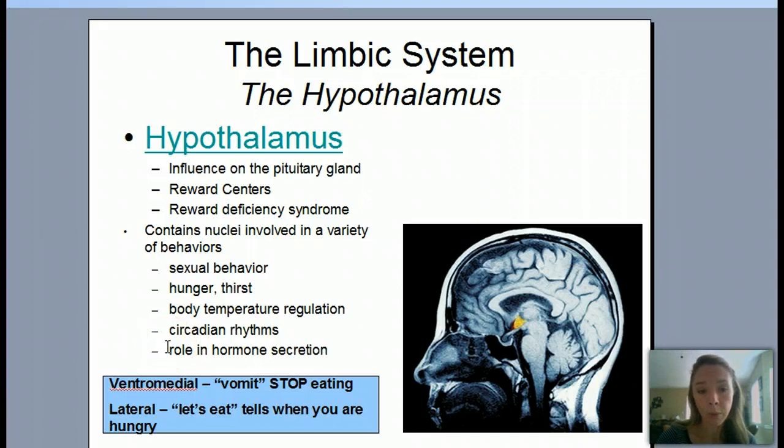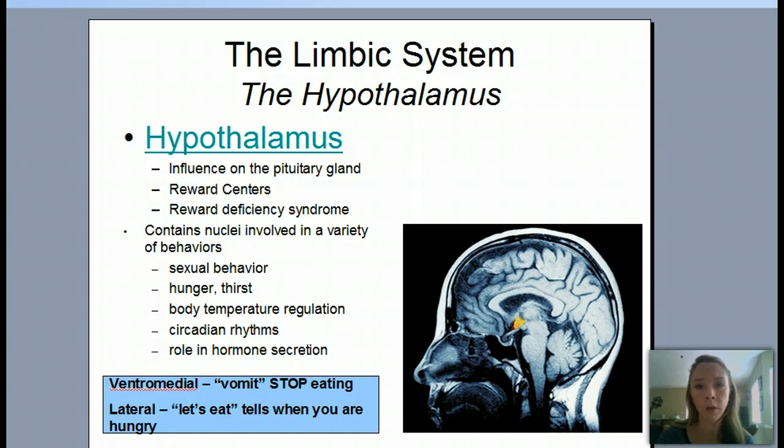The two parts of the hypothalamus that you'll need to know, remember we talked about that there's a left and a right part of each part of these brains, is the ventral medial and the lateral part of the hypothalamus. Okay, so the ventral medial part of the hypothalamus, I want you to think ventral, vomit. This is the part of the brain that's involved with hunger that tells you to stop eating. Right? So you are full, you don't need to eat anymore.